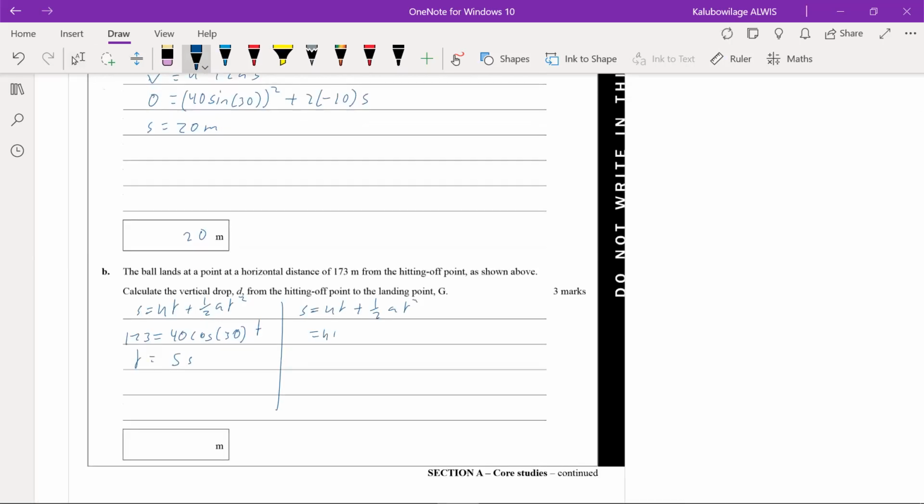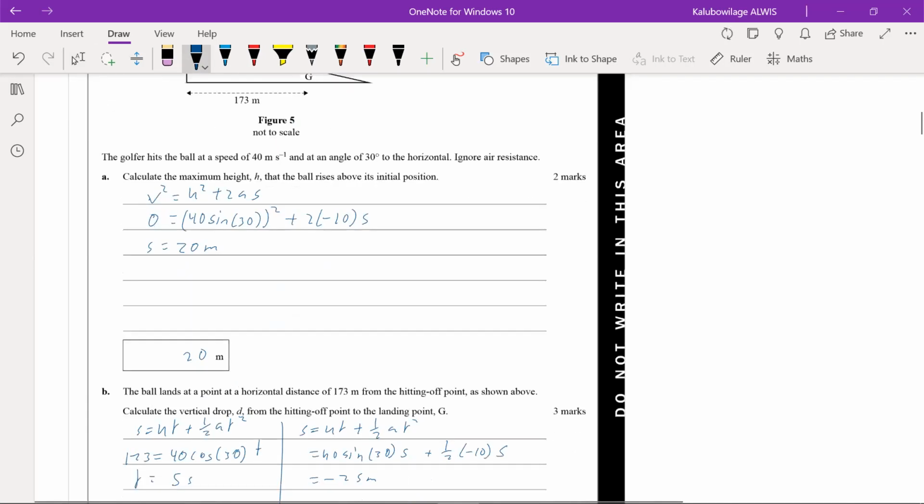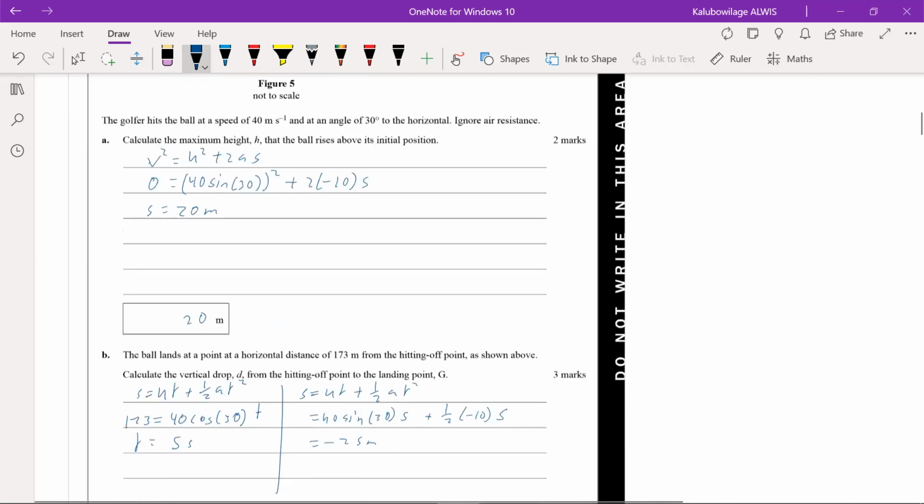So 40 sine 30 times 5 minus half times 10 times 5 squared, and it comes out to minus 25 meters. So from this point, it goes down a further 25 meters. So d equals 25 meters.